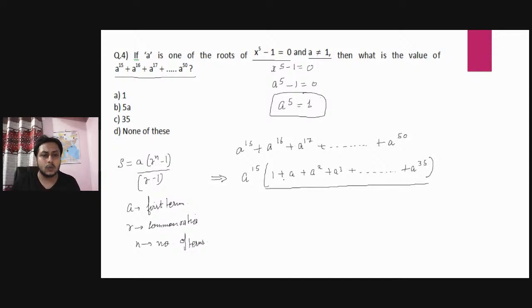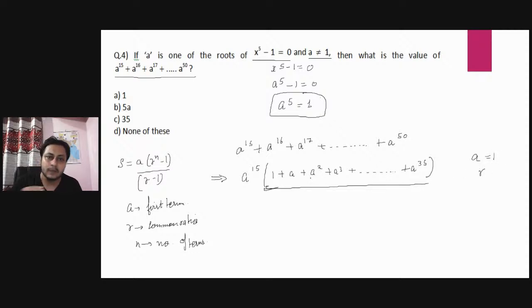Right? So guys, apply this here, means you have to find the sum of these numbers, 1 plus a square up to a power 35. Just simply apply this formula. Here first term is 1 in this series.